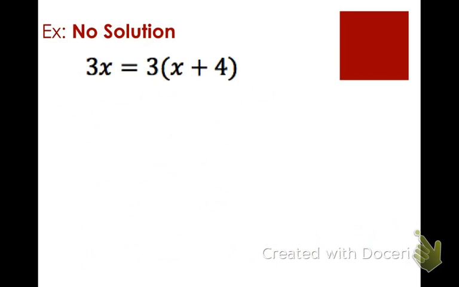Our other special case is no solution. So again, if I see this equation, the first thing I'm going to do is distribute. 3 times x is 3x, and 3 times 4 is 12. Now, if I saw this, I would be trying to get all my variable terms on one side.